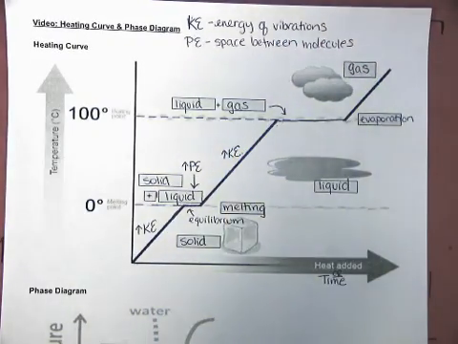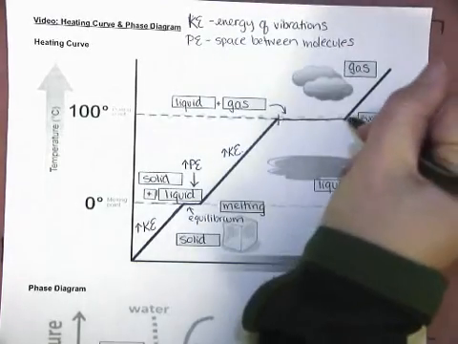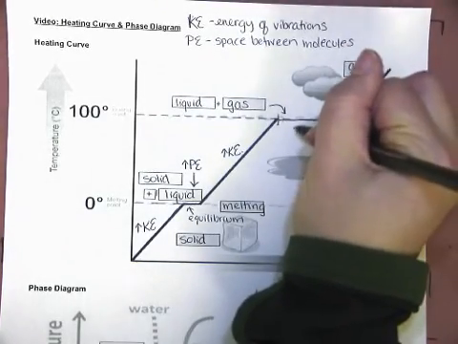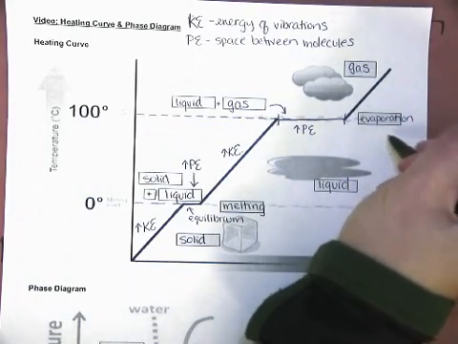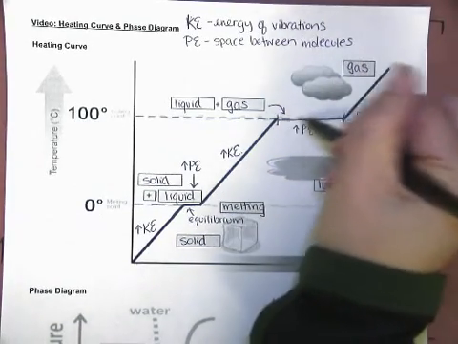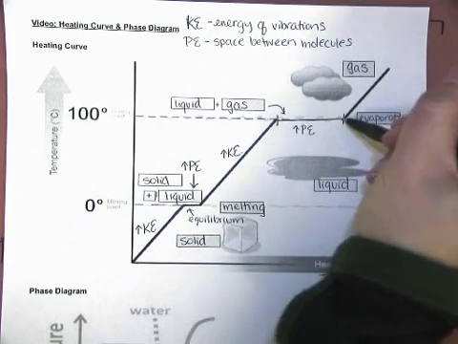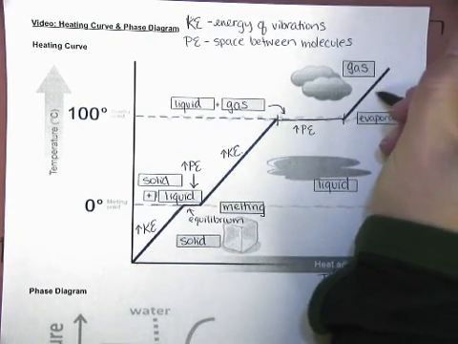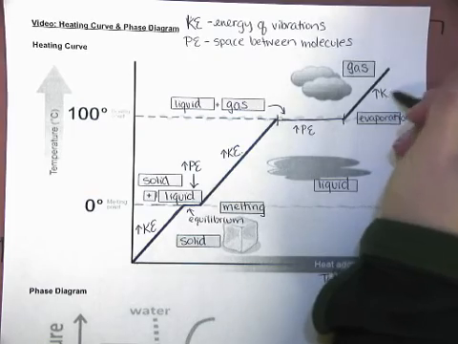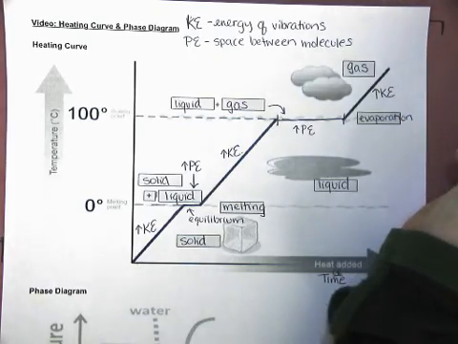So that's another equilibrium. During this time of my phase change, I'm increasing the potential energy of my molecules, so they're spreading further apart. After everything has been converted to gas, then my gas molecules start to move faster and faster, and my temperature increases again. And that means my kinetic energy increases.